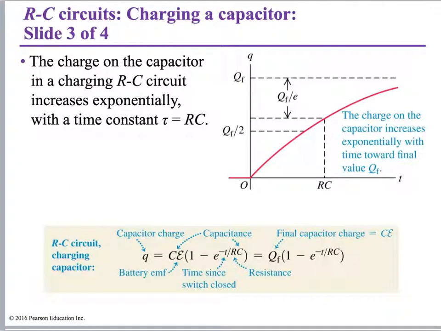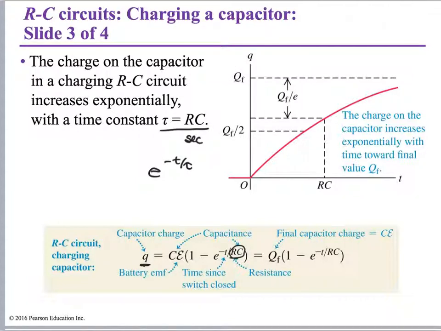So this is just a prettier slide of what we just found. When a capacitor is charging, this is how its charge depends on time. The t is the time that's elapsed since we've closed the switch. This term right here, R times C, ends up being called the time constant. If you do the dimensional analysis, it has units of seconds, so that e to the minus t over tau has to be dimensionless.